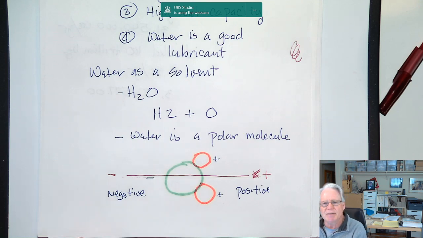So one way to think about this is if you have a classroom that's filled with an equal number of men and an equal number of women. If you mix them all up randomly in the room, there would be no polarity because the genders would be all mixed up in a random way. However, if you organize the men in one corner and the women in another side of the room, then there would be polarity.